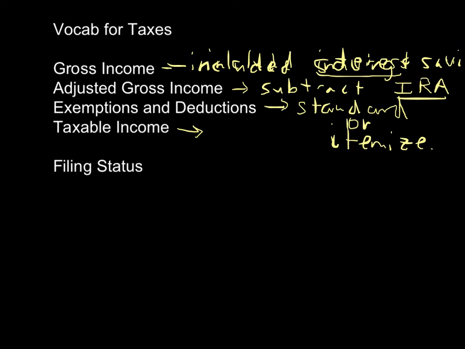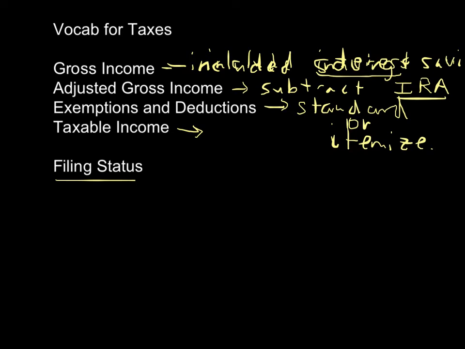Okay. One thing I want to put in as a side note here is the filing status. Filing status does make a difference, and you actually have to do that on your W-4 form, because it makes a difference on how much money they take out. And so it could be 0, 1, 2 would be the deductions that you could take. Also, filing status matters if you're married or married filing separately.